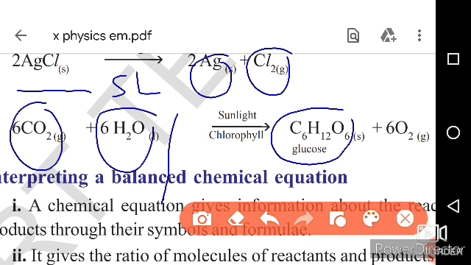It produces glucose and liberates oxygen gas. So here sunlight is heat energy, and chlorophyll is a catalyst. A catalyst means, in any chemical reaction, a third additive which does not get involved in the reaction but boosts it. It makes the reaction faster.